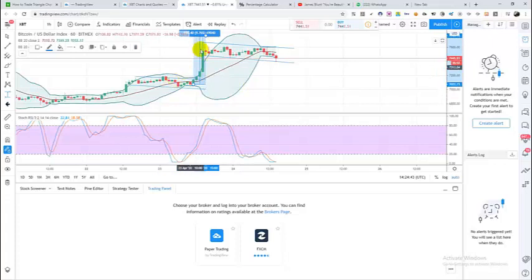Okay, so to calculate this, what's the point we're actually calculating from here? We're expecting another move here. Let's say this is where the breakout happens, let's say 7,600.